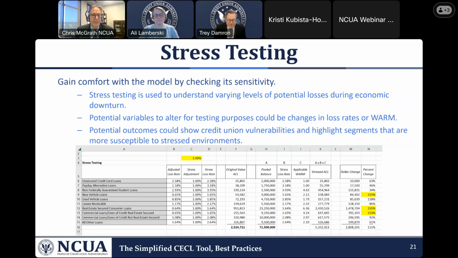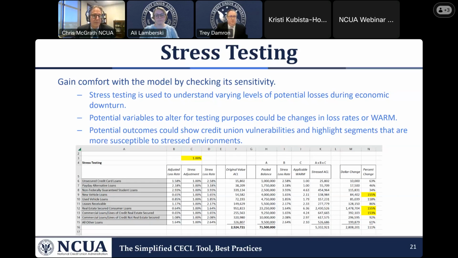Of all the best practices, again, I like stress testing because it is the most informative and it helps explain the story that the tool is telling. In this example, we can see that a 1% increase in the loss rates has a significant impact on new vehicle loans.